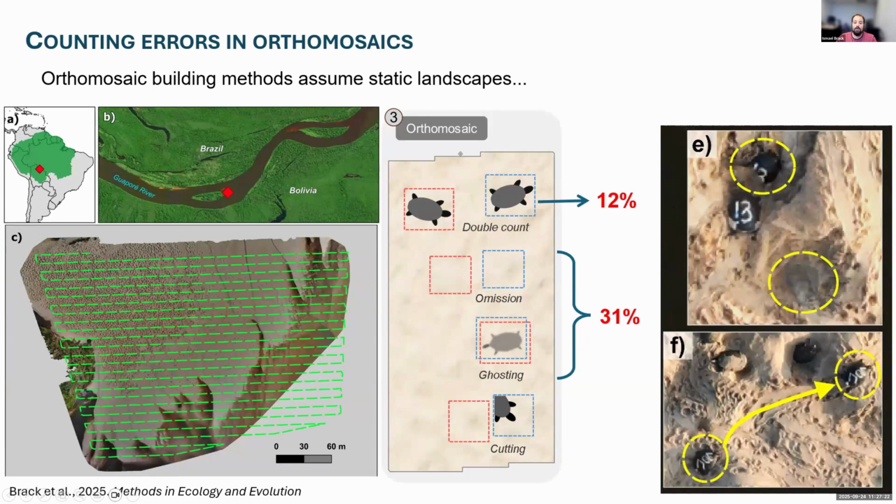For example, we saw that 12% of the turtles present in the mosaic were double counts, and 31% of the individuals that we observed in the single images disappeared when we tried to find them in the mosaic.